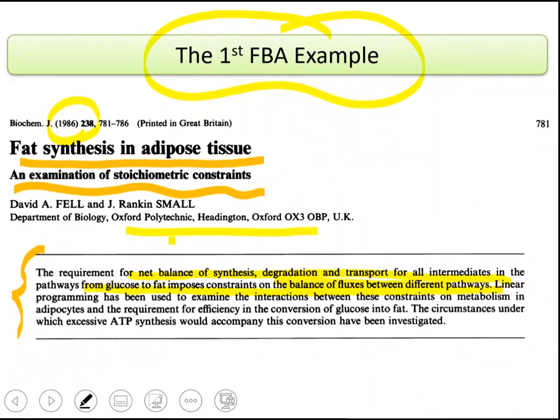And it says that linear programming was used to examine the interactions between these constraints. You see, the term constraint-based analysis was coined in 2005-6 maybe, but almost 20 years before, David Fell and Rankin Small, they used those terms, constraints and linear programming, etc., in their paper.